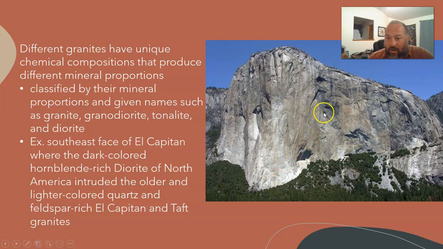So that's these dark parts right here. That's that diorite coming in, and you got the lighter colored quartz, and then you got the feldspar rich parts of the El Capitan and Taft granites on this side. So remember we said that pinkish color, and then with the quartz the whiter color, and then the dark color for the hornblende.